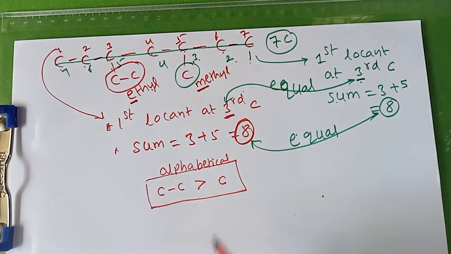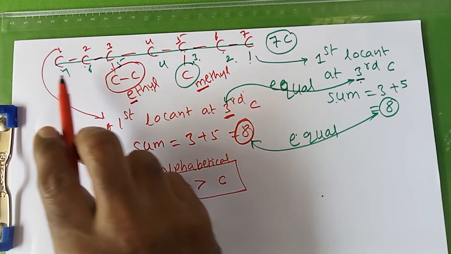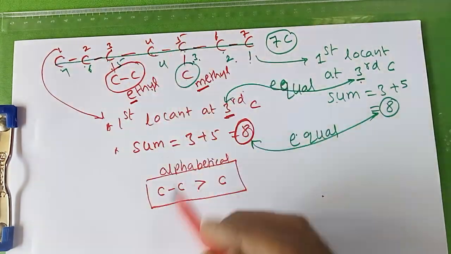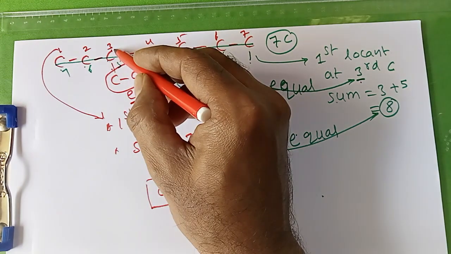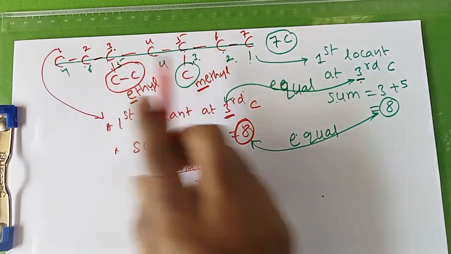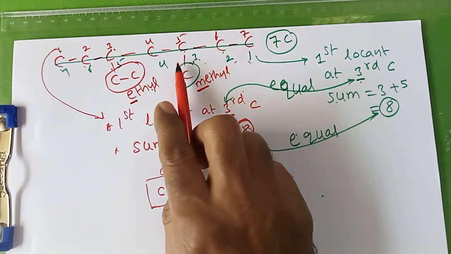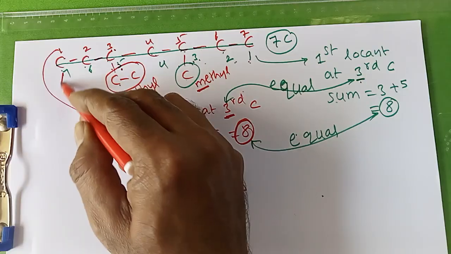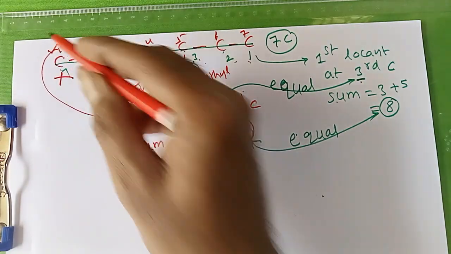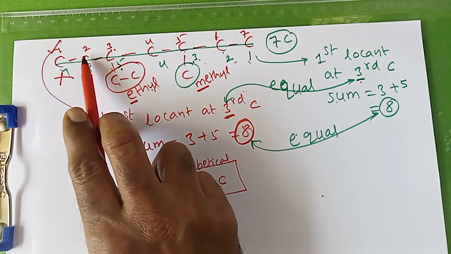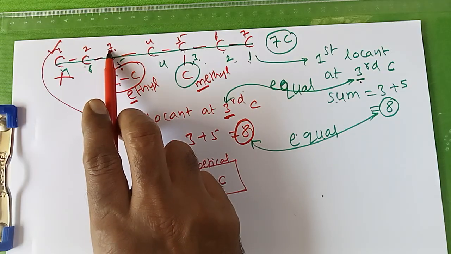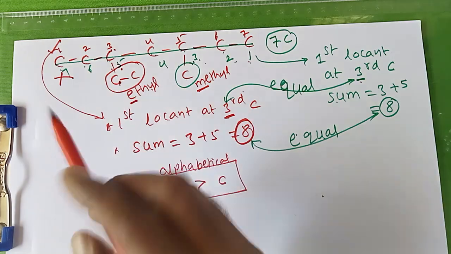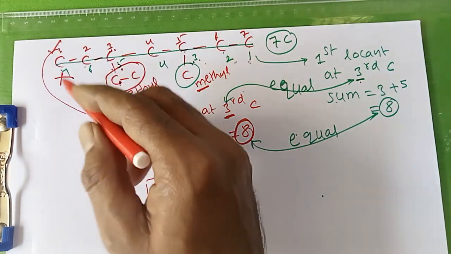So in the red color numbering, the ethyl group gets the lowest number, at 3. In the green color numbering, 1, 2, 3, 4, the ethyl group is at 5. So green is wrong and red is right, because in the red numbering the third carbon has the ethyl group, and the lowest number has the priority.